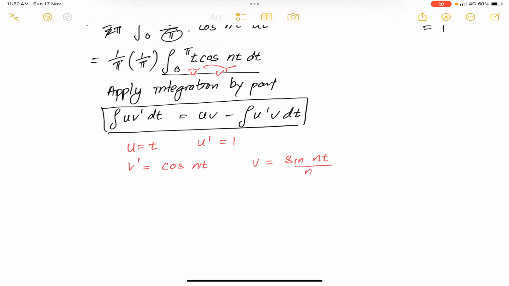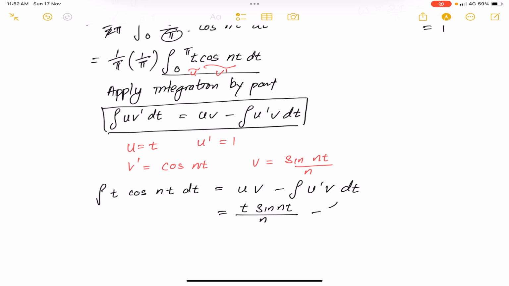Okay, so integration of t cos nt dt equal to uv minus integration u prime v dt. So u here is t, v is sine nt over n, minus integration of u prime is 1, v is sine nt over n dt.